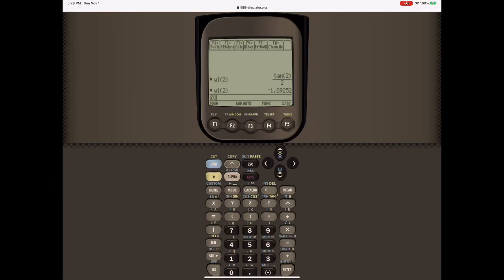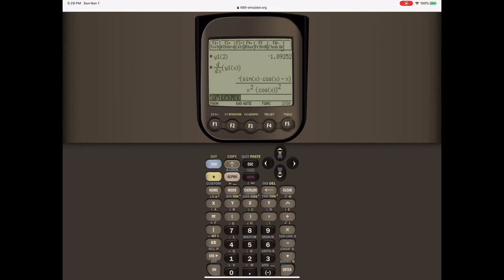The shortcut for that is above the 8 if you see it in blue. So I could also have just hit the second button and then the number 8, and it types that in so you don't have to go through the menu. I have already put the function in y1, so I'm going to type y1, but it only understands function notation, so y1 of x, and I want to differentiate with respect to x, close parenthesis, enter. And that gives me the whole derivative.